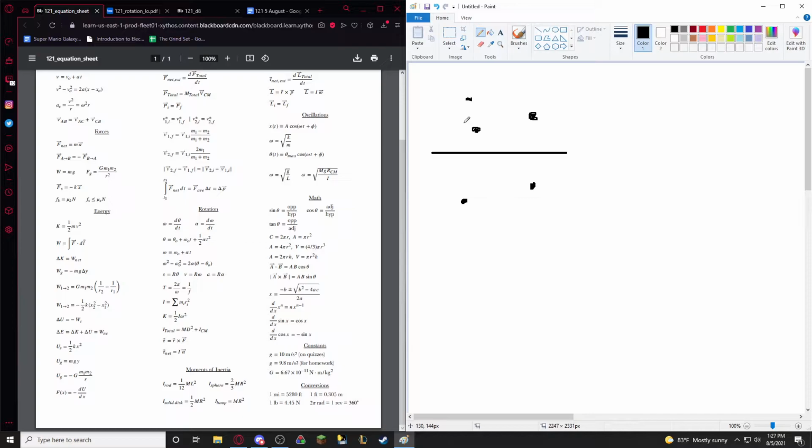Oh, it would be the total inertia. The inertia equals the average of the masses times the radii, I guess their distance from the axis. It's not the average, it's the sum. Oh, the sum. I'm so sorry.